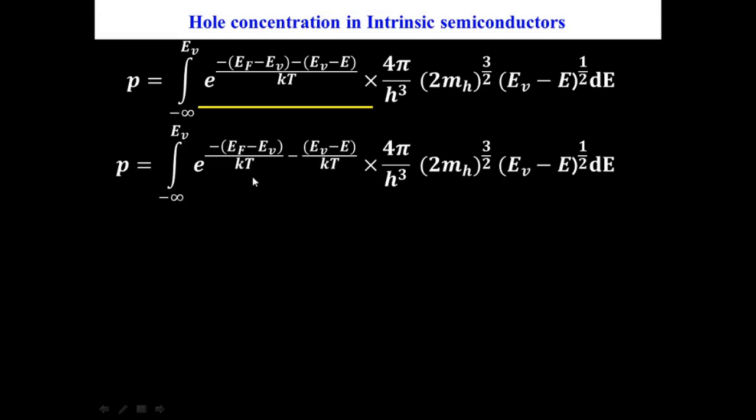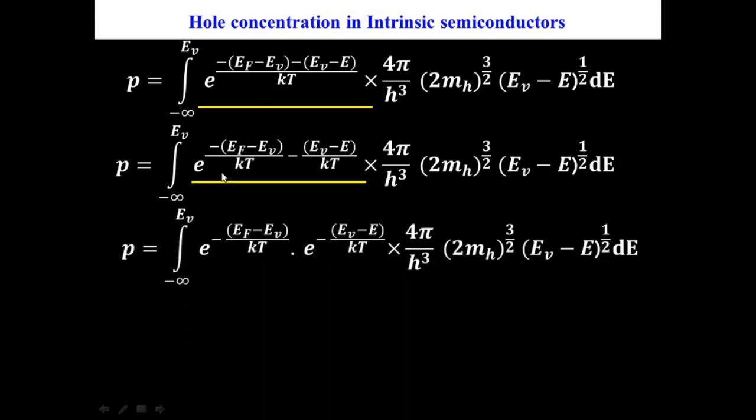Now we will split these powers of the exponential, and we know that the exponential of a minus b is nothing but exponential of a into exponential of minus b. So by using that rule we get exponential of minus (EF minus EV) by kT into exponential of minus (EV minus E) by kT.